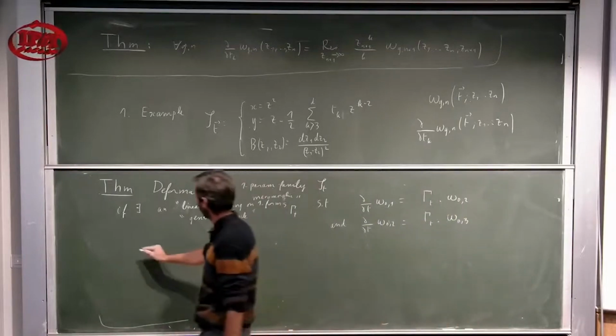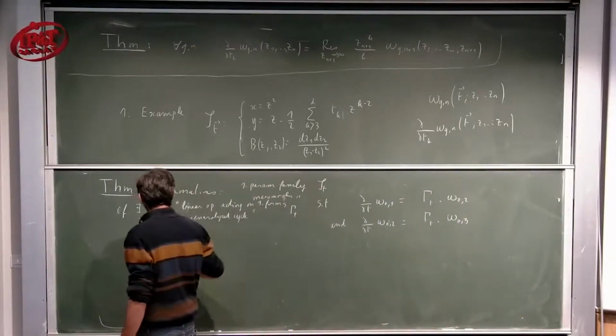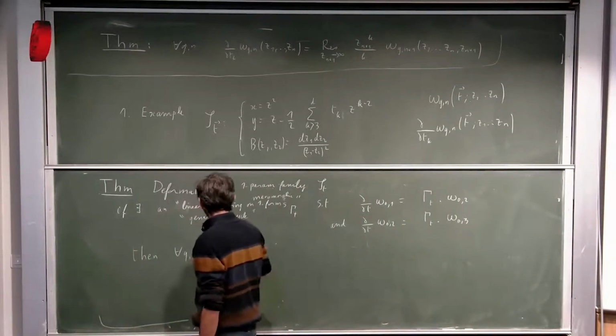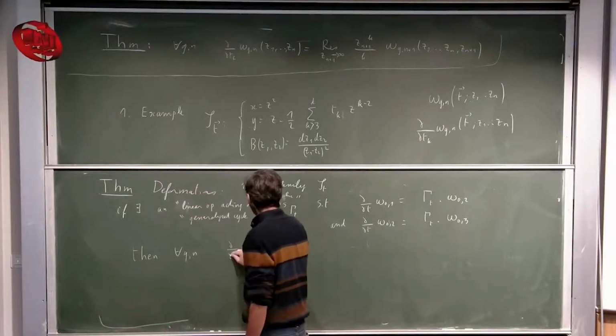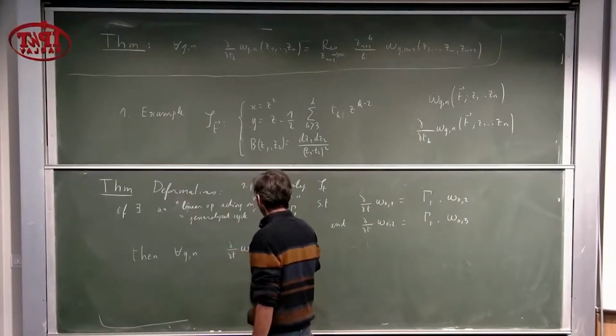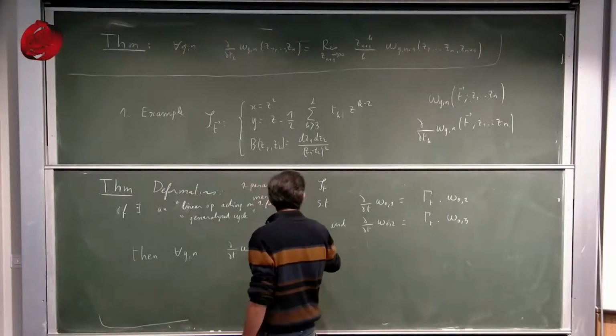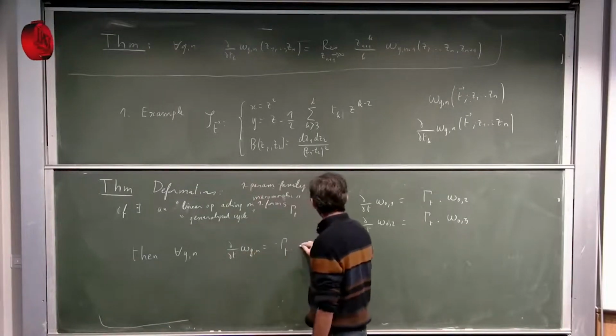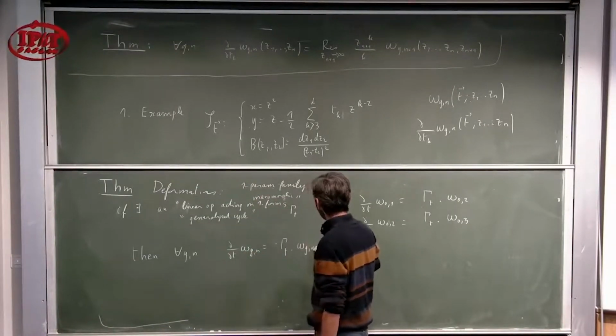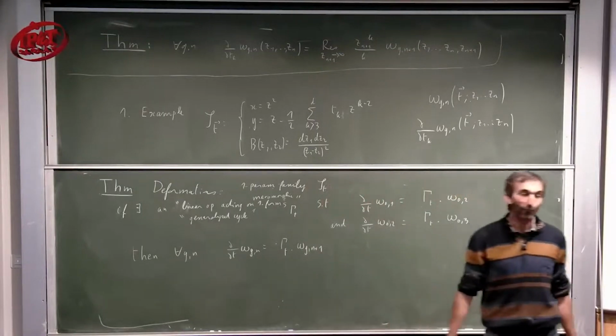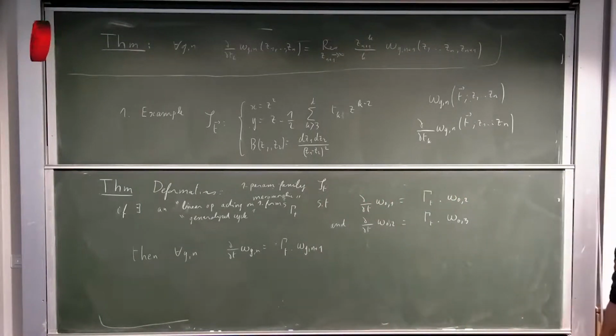Then for every g, n, d over dt of omega g n is gamma t acting on omega g, n plus 1. So if it's true for 01 and 02, then it's true for all of them.